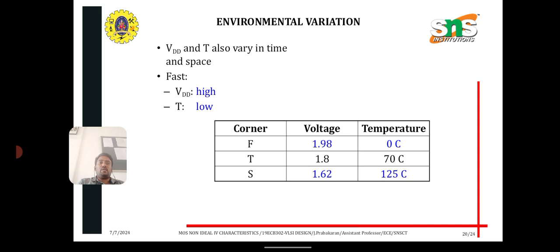Use thermal management techniques like heat sinks, temperature compensation circuits, and ensuring adequate ventilation. Similarly, supply voltage variation, which is an environmental variation, and electromagnetic interference, humidity and moisture, mechanical stress, radiation, likewise.